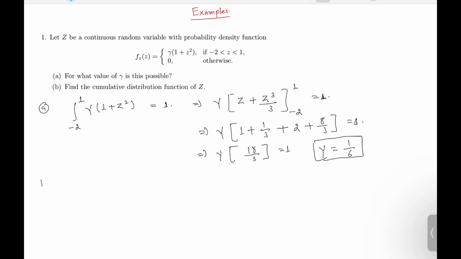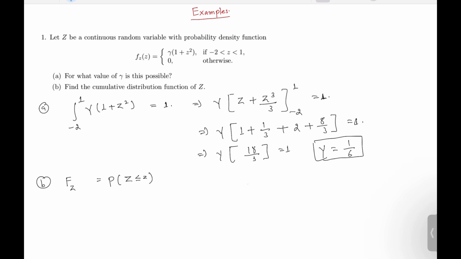From the definition of the cumulative distribution function, it is the probability that the random variable takes a value less than or equal to little z, and this we call the cumulative distribution function.